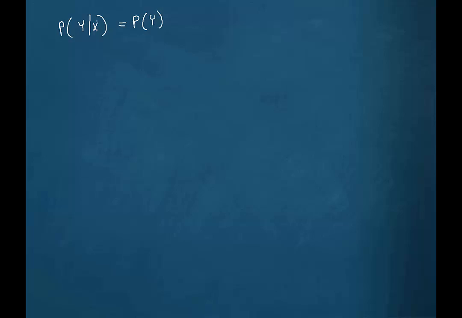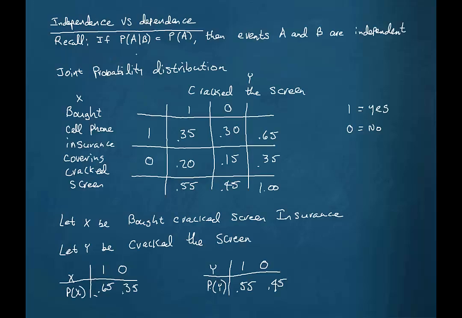In other words, it doesn't matter what value X takes on, that probability of Y would remain consistent. So let's do this. Let's find the probability that Y is equal to 1 given X is equal to 1. Looking back, we can see here that Y is equal to 1 in this column and X is equal to 1 in this row.